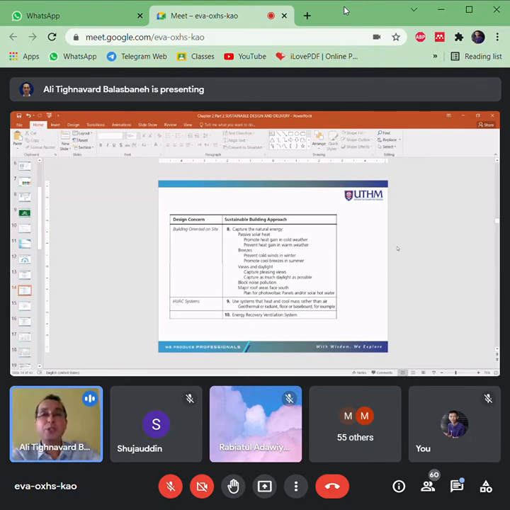So reduce active ventilation, which means you use less air conditioning, instead using the outside air, both during daytime and nighttime. How much that is possible in Malaysia, I cannot give you the answer.